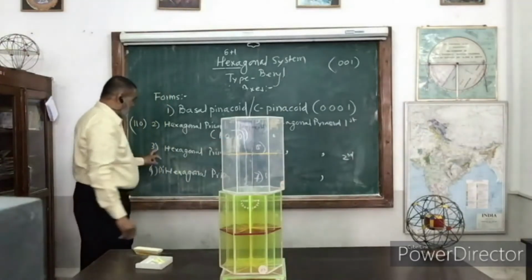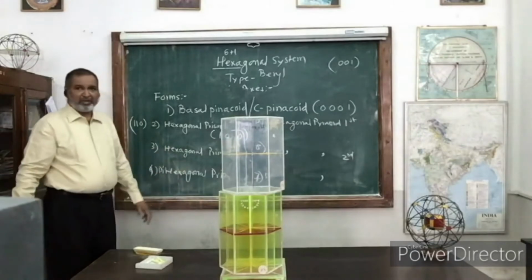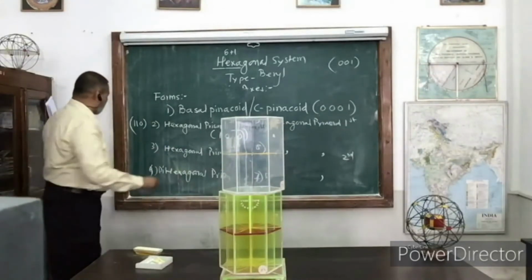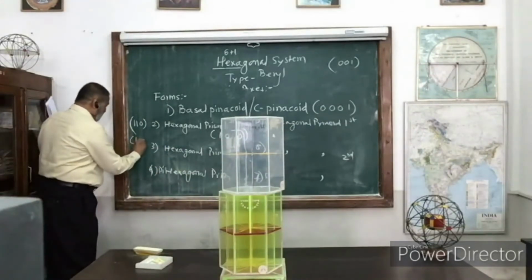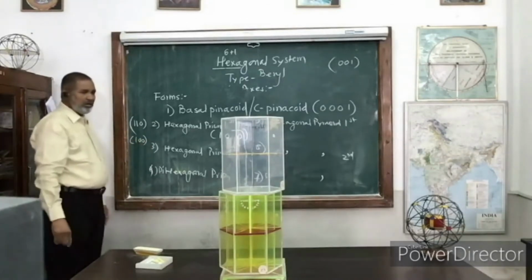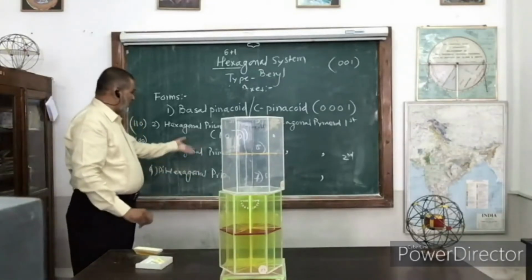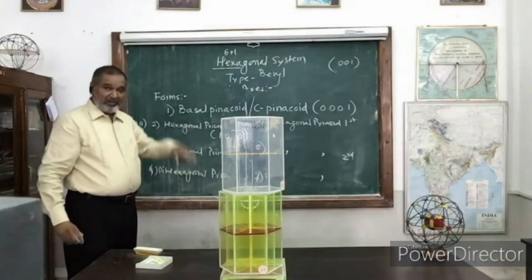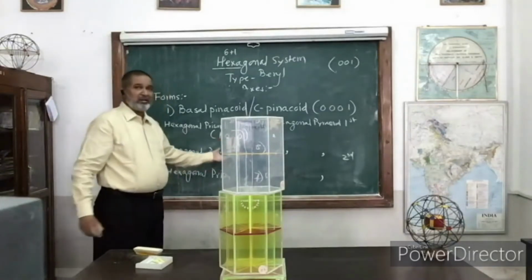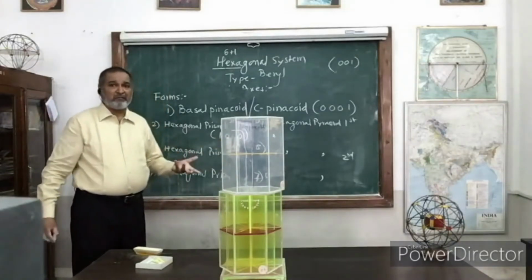The next one, hexagonal prism second order. Now in the second order, what is happening? In the normal class, we make one axis parallel, but here it is reversed. If you make one more axis parallel, then A1, A2, A3 will not become 0.